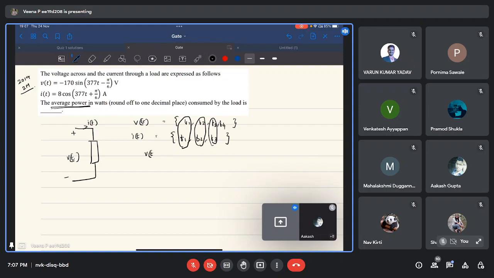So in this problem, V of t has a component of frequency 377. I of t also has a component 377. So in this case, there exists an active power because both voltage and current have the same frequency.